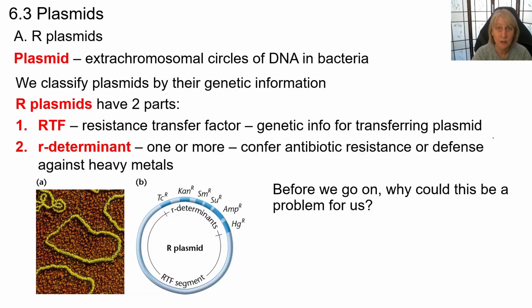When I have horizontal gene transfer in bacteria, they are passing this plasmid from one individual to the next individual, even though they did not inherit that DNA. If that R determinant region has the code to be antibiotic resistant, to not die when I use an antibiotic, and it can be transferred to other bacteria in my lab or in my body, that's a problem.